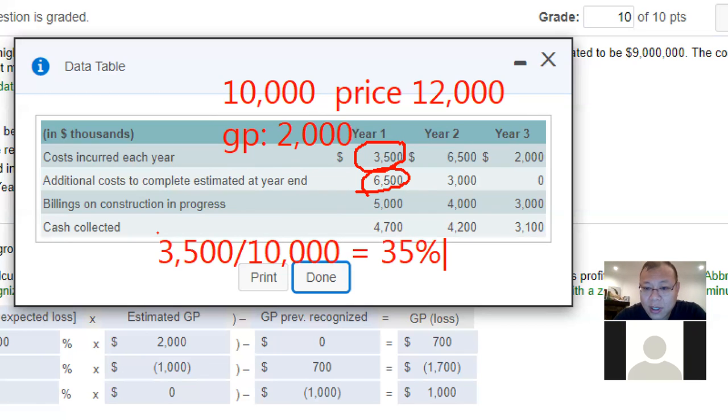So the total expected gross profit is 2 million. Do you see here? And what about 35% of that? So 35% times 2 million is 700,000. Does that make sense? So that is the 700,000. Did you see here?